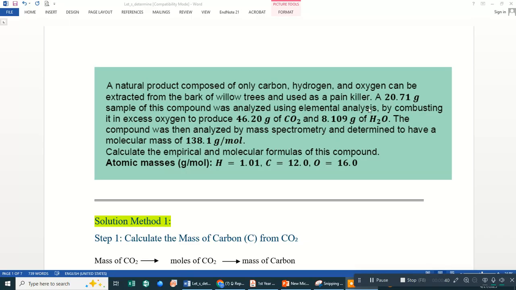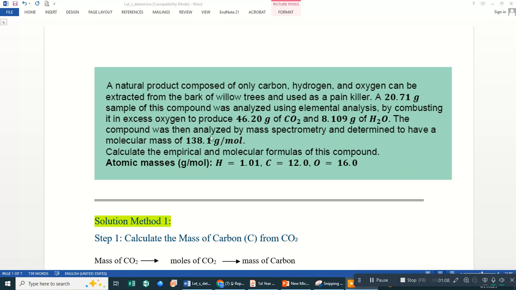Mostly combustion analysis is used. That is only used for specific organic compounds that contain only carbon, hydrogen or oxygen, by combusting it in excess oxygen to produce 46.20 gram of carbon dioxide and 8.109 gram of water.